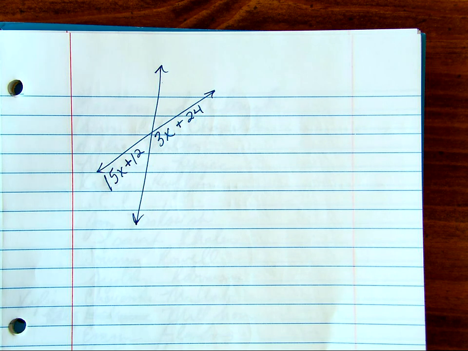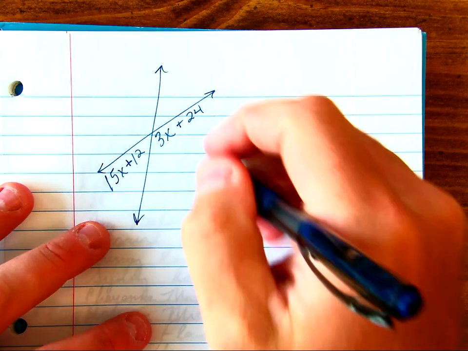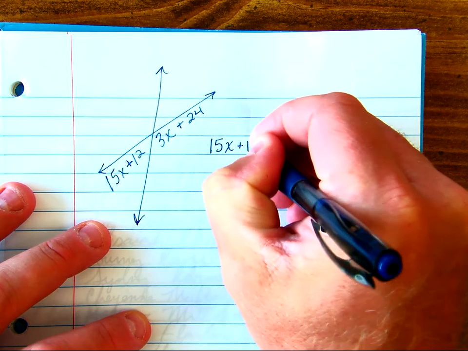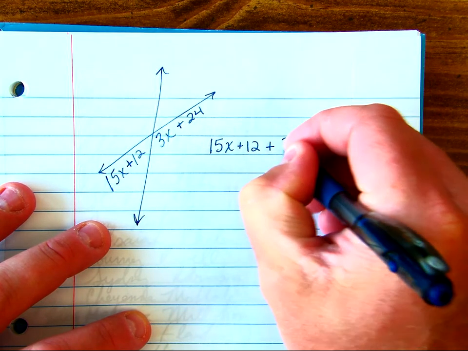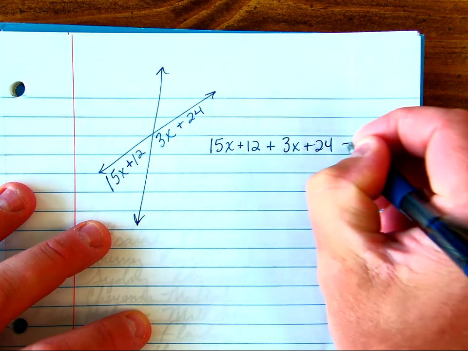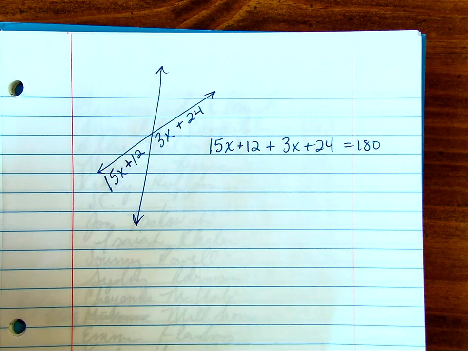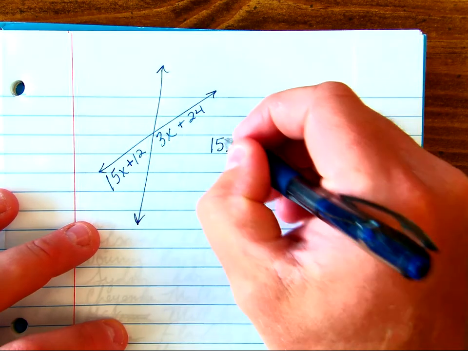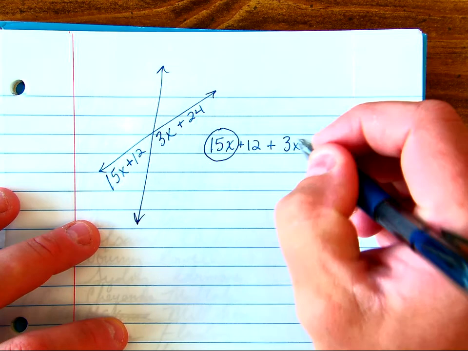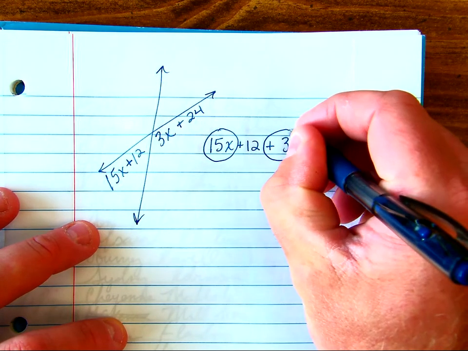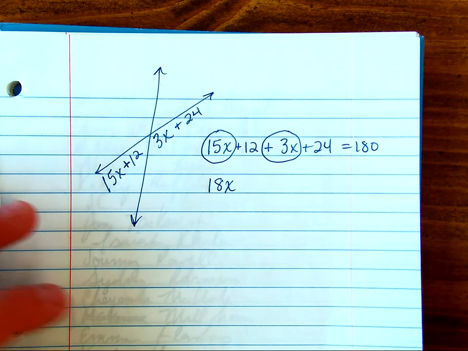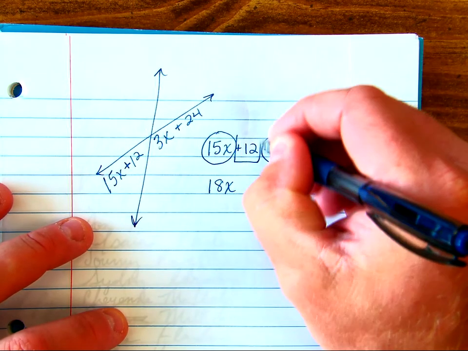Absolutely correct. 15x plus 12 plus 3x plus 24 equals 180. Now we have to combine like terms. We're going to combine the letters, the variables. We're going to combine the constants. I put a square around those.